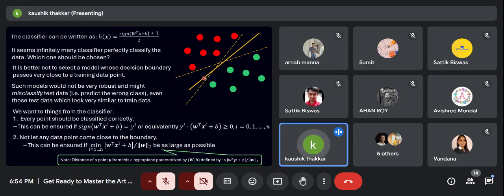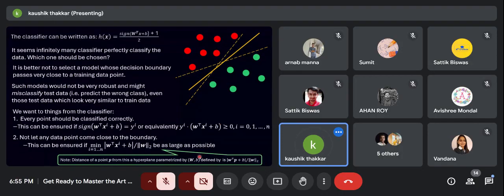What do I mean by that? I mean finding a W vector and a bias term which will create a decision boundary that classifies all the points correctly. So our first point will be satisfied. Apart from that, the decision boundary will be as far as possible from the nearest training point.